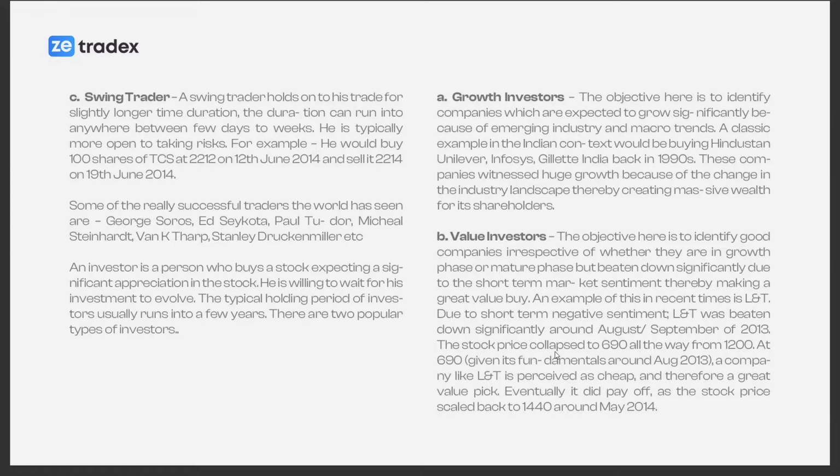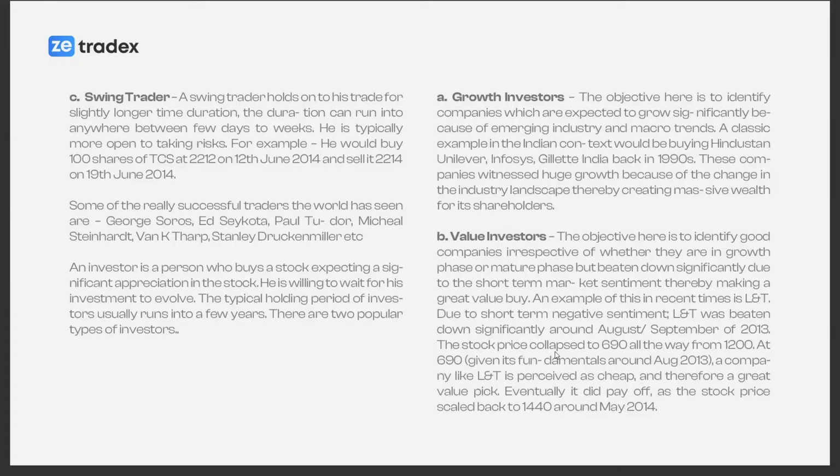Then the swing trader holds onto his trades for a slightly longer time duration. The duration can run anywhere between a few days to weeks. He's typically more open to taking risks. For example, you buy 100 shares of TCS at 2212 on 12th June 2014 and sell it on 20th June 2014.